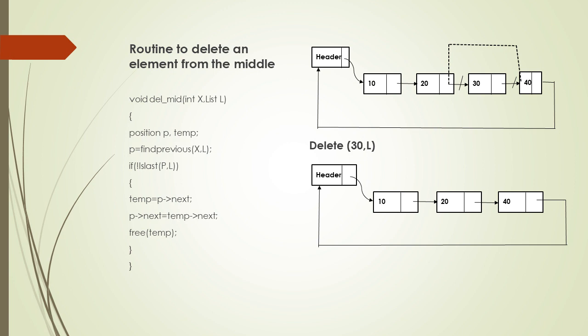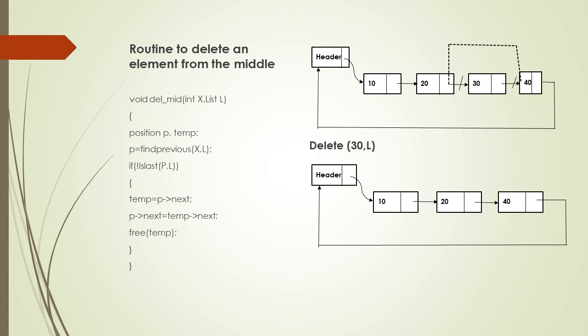Routine to delete an element from the middle. To delete an element from the middle of the list. void delete_mid(int x, list L). Position p, temp. p = find_previous(x, L). If not is_last(p, L), temp = p next, p next = temp next, free(temp).